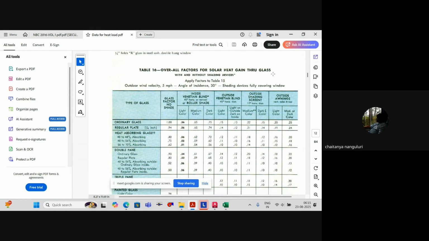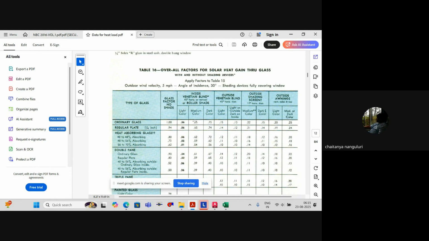Yes or no? So depending on the type of glass we have to choose. I've considered single pane glass, ordinary type, approximately, not exactly dark also. I can consider even a medium as well, but inside I've got some kind of Venetian blind.